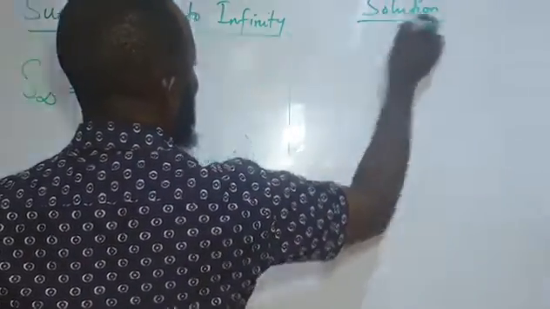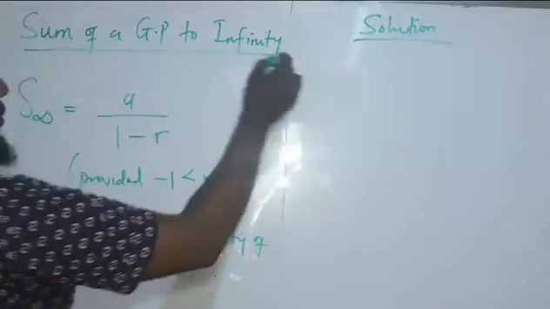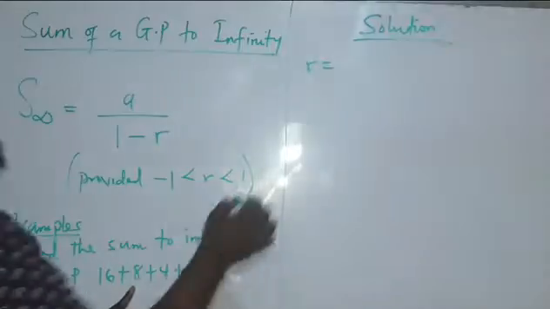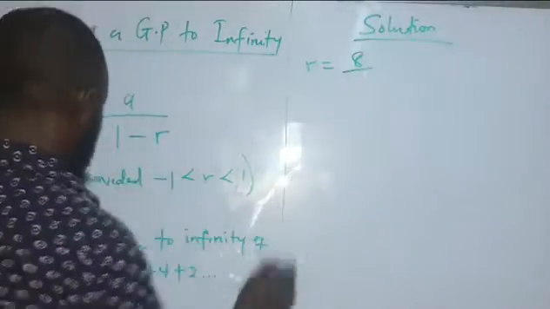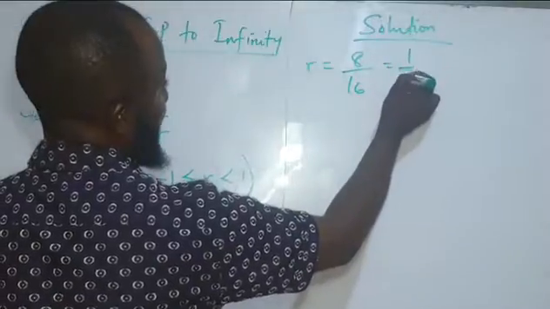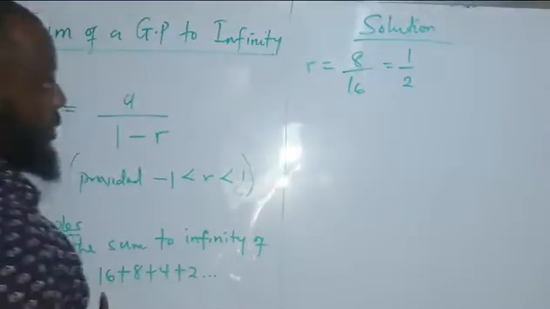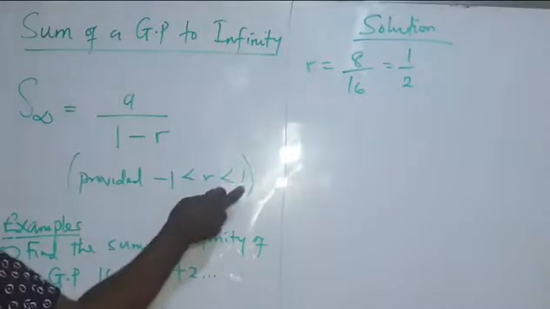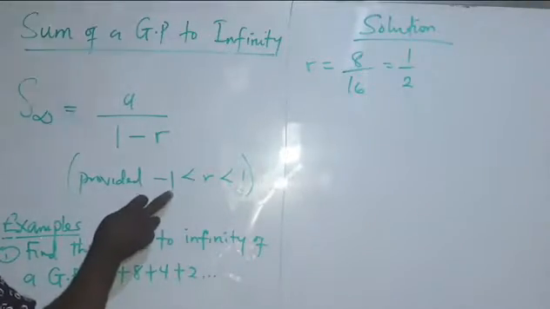Solution. So we find the common ratio. r will be the second term divided by the first term, which is 16, and that gives us 1 over 2. So r is less than 1, and r is not equal to minus 1.